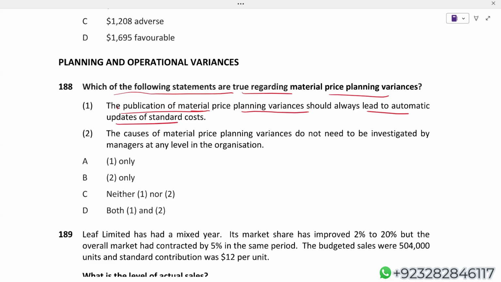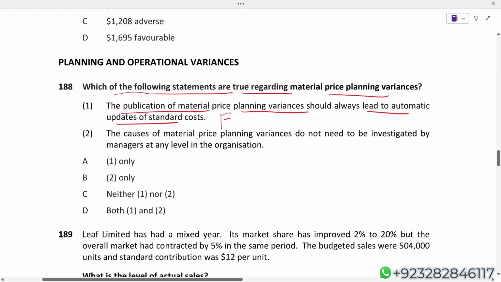But when you say should always lead to automatic updates of the standard cost, the answer is no. When you are challenging your original standard cost, for example because it has become obsolete, you give reasons. Without giving a reason, it becomes difficult to always update the original standards. We need some sort of justification that your original standards are now obsolete. That is why we are saying false.